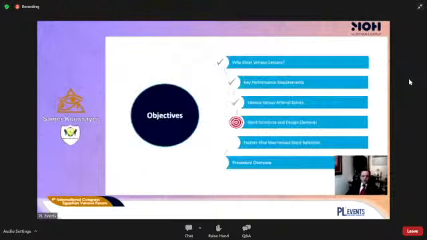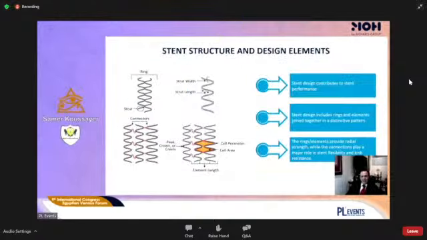Now we move to the next part of my presentation, the stent structure and design elements. If you look at the stent structure and design elements, it's very unique. The stent design contributes to the stent performance. A stent design includes rings, you can see it there, elements joined together in a distinctive pattern, a special way.